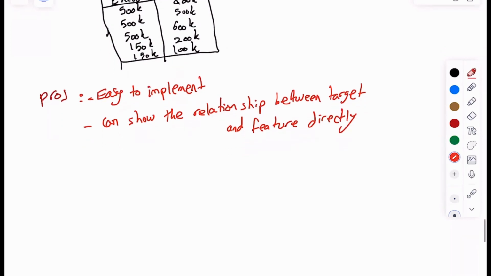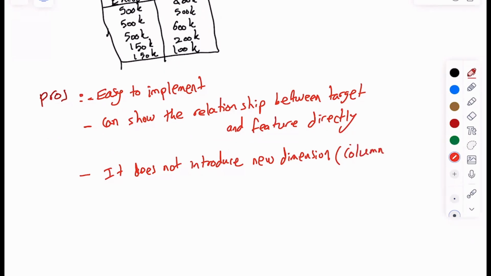It's really good. Third, it does not introduce a new dimension. Remember one-hot encoding adds as many columns as the number of categories you have. Here, no, right? So it does not add a new dimension or column. That's really a good thing.